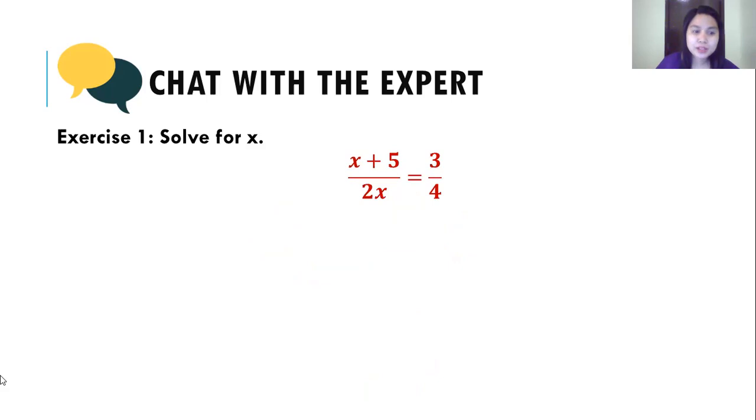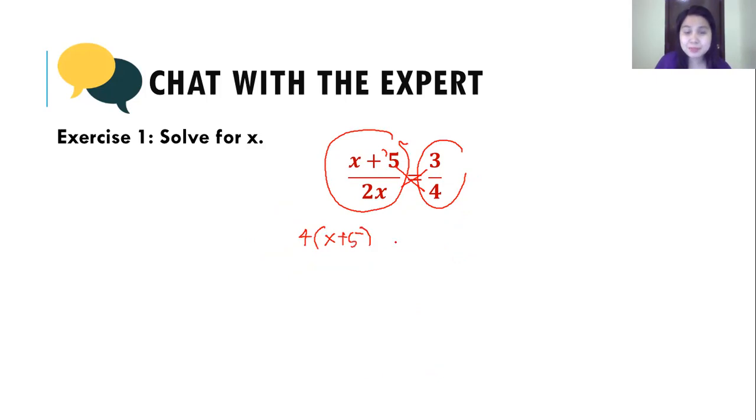Next. Now, here's the second technique that I'll be sharing with you. If there's only one rational expression on the left and one rational expression on the right, you can simply do cross multiplication to clear and to remove. So example, like this one, we have 4 times x plus 5. We cross multiply. On the other side, that's 2x times 3. Then we remove the groupings.